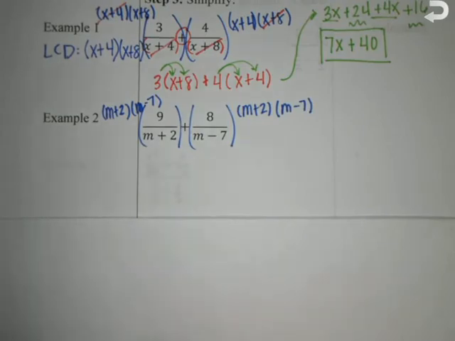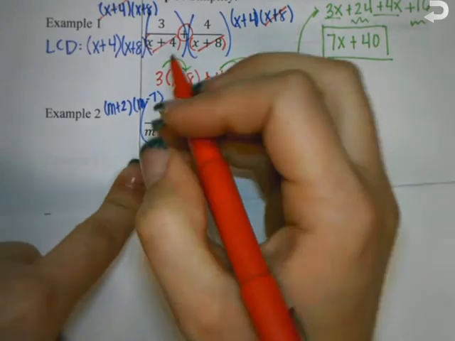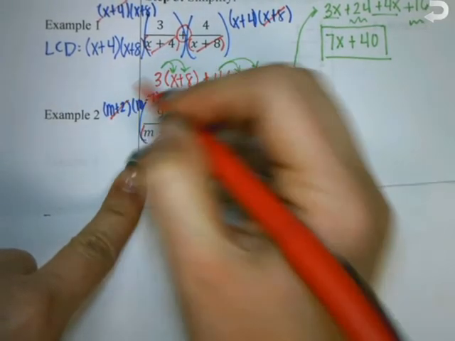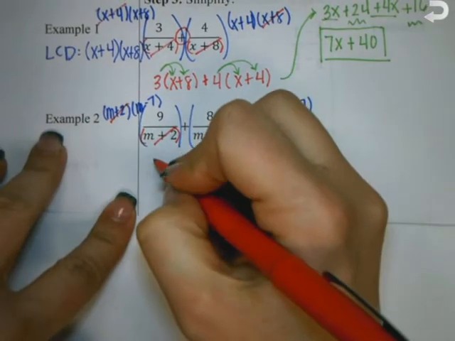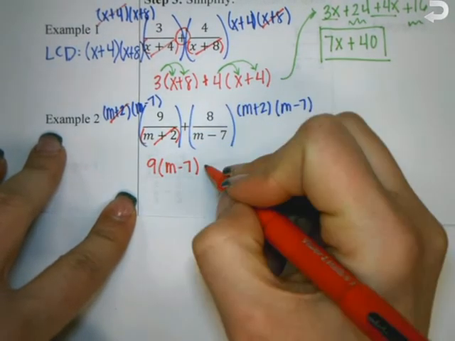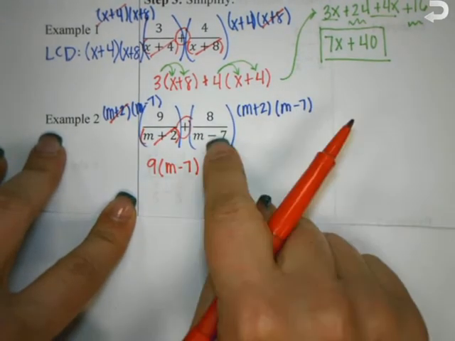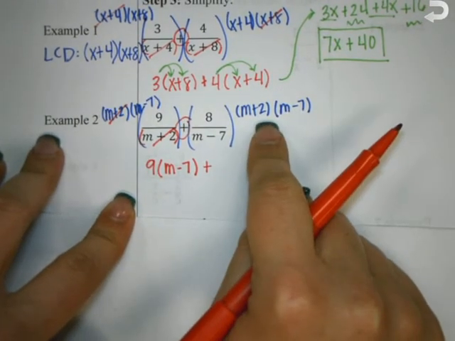Okay, looking at the left fraction, what cancels? M plus 2's. So we are left with 9 times m minus 7 plus, that sign in the middle is plus. What cancels on the right side? M minus 7.